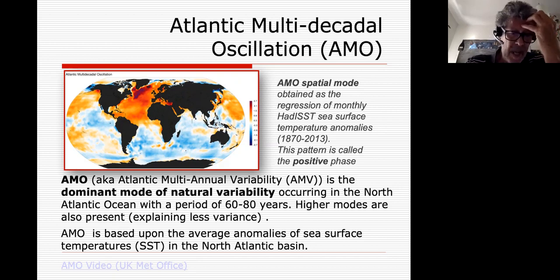And AMO is based upon the average anomaly of surface temperature, again, in the North Atlantic basin.